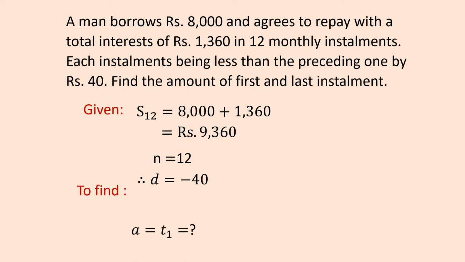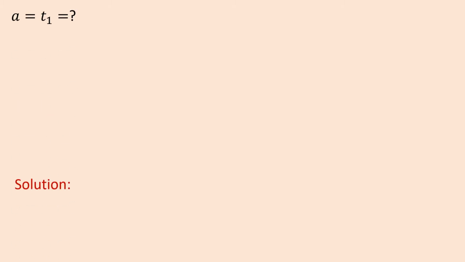What they want us to find out is a, that is the first term, and the last one is the 12th term, that means the 12th installment. So let us begin with the first question.